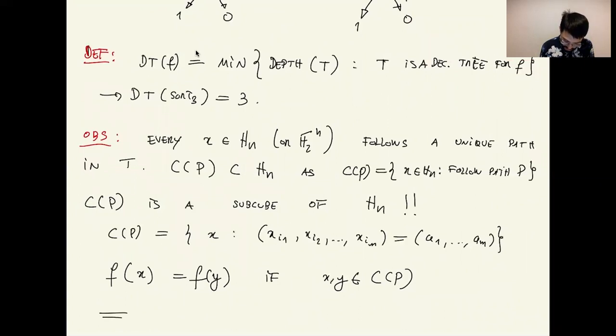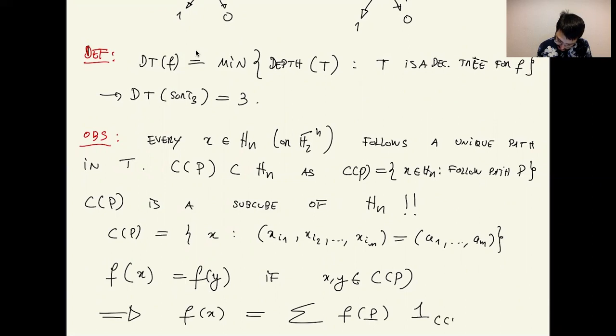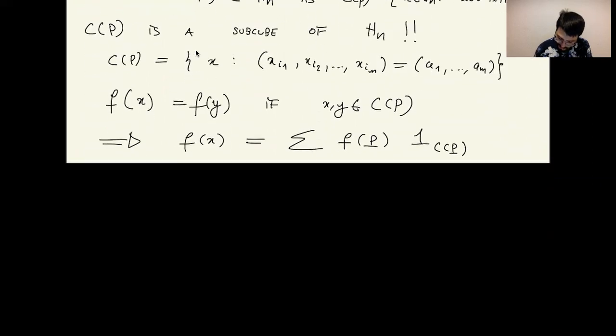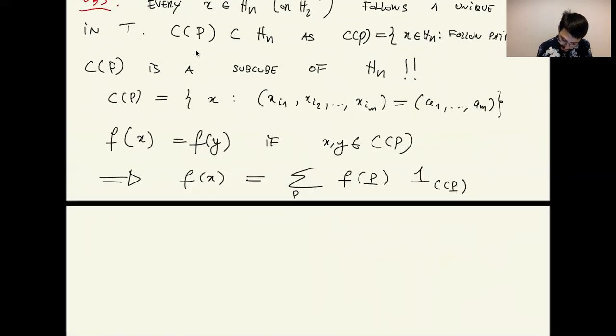In this way, you can say that your function f of x is actually the sum of this common value, let's call it f of P, times the indicator of C_P, where P is a path of T. And so you can write your function in that way.